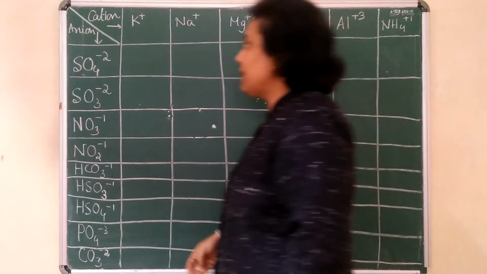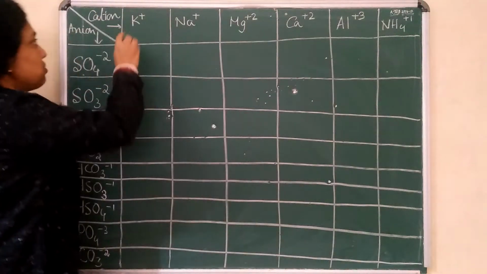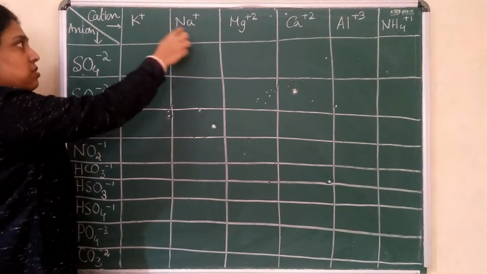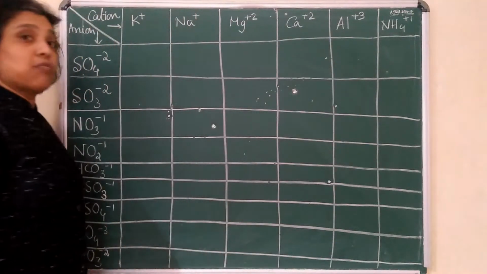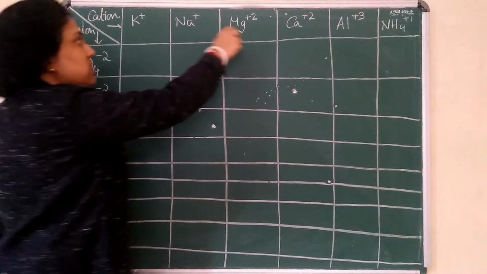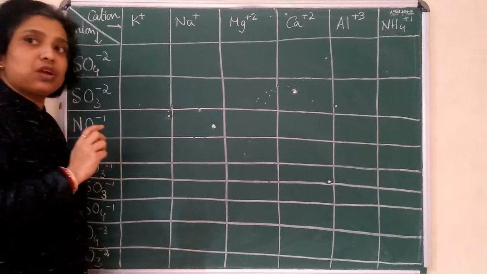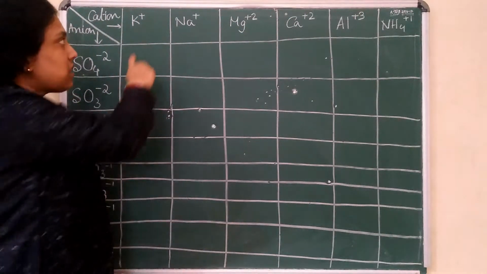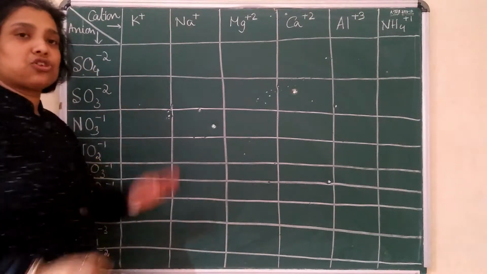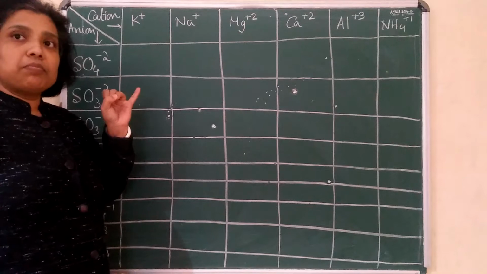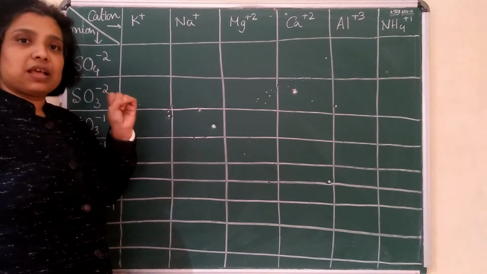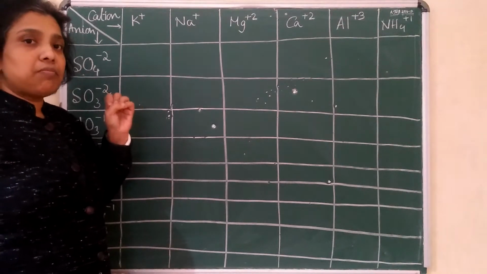So what we will write, see here, the cations I have taken: potassium, sodium, magnesium, calcium, aluminium and ammonium. These are the valencies, from the first 20 elements valency trick. That way you will remember: potassium plus 1, magnesium plus 2, sodium plus 1, aluminium plus 3 and ammonium plus 1.